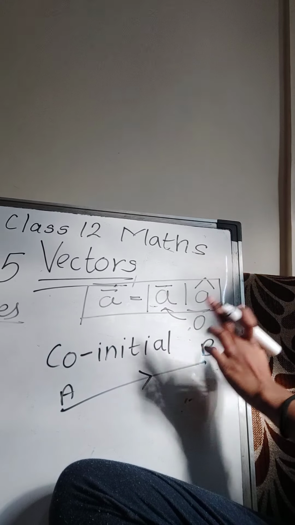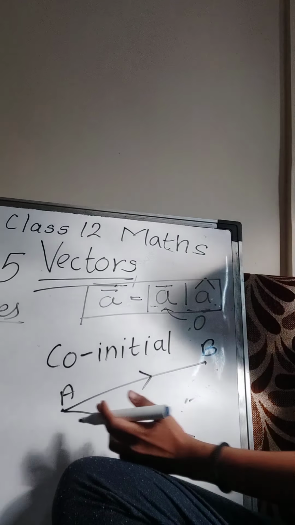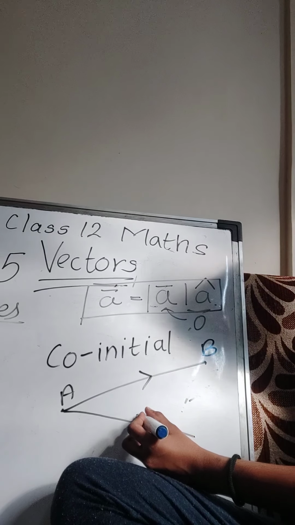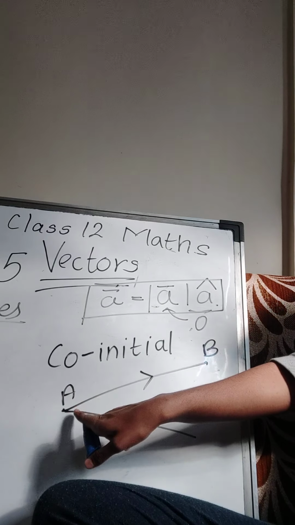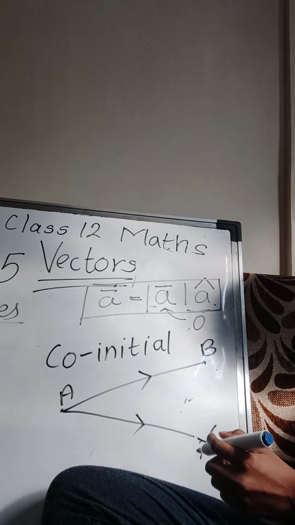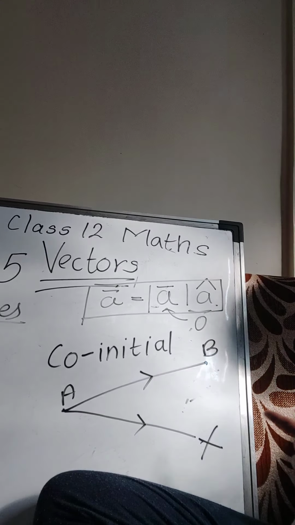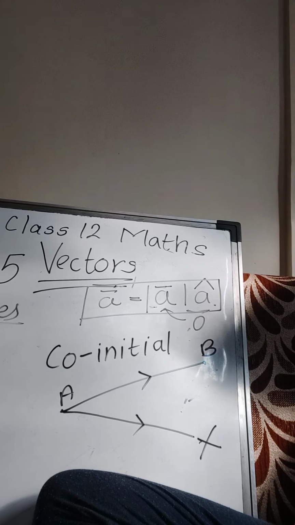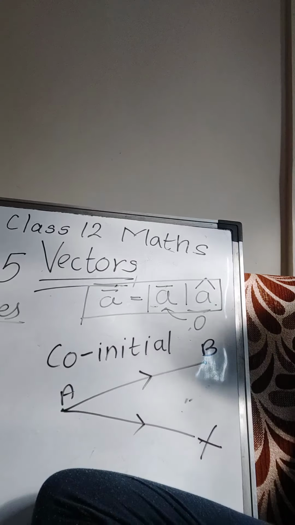So co-initial vectors are two vectors having the same initial point. So if I draw another vector from the same initial point A, and this is the AB bar vector, then both these vectors are co-initial vectors because their initial point is the same.